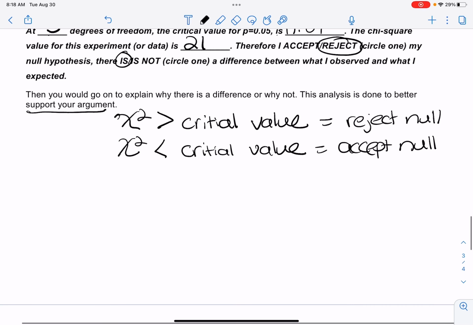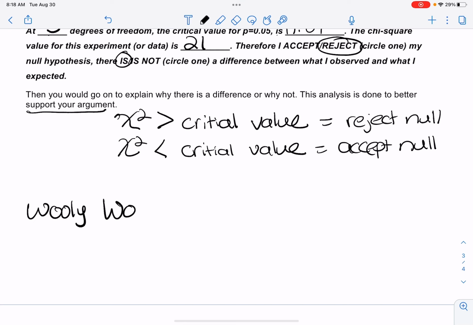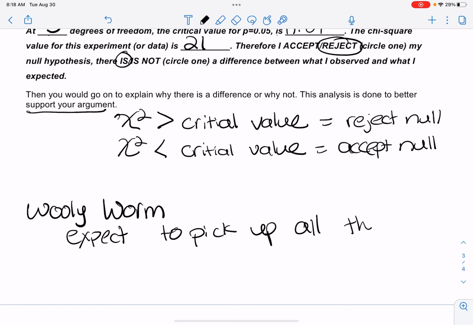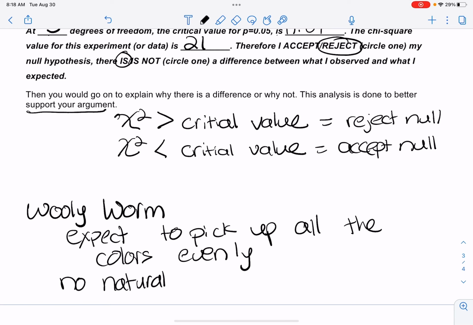Okay, and then just for our woolly worms, when we did those, we found our expected a little differently. In that case, we expect to pick up all the colors evenly, or there is no natural selection. That would be our null hypothesis.